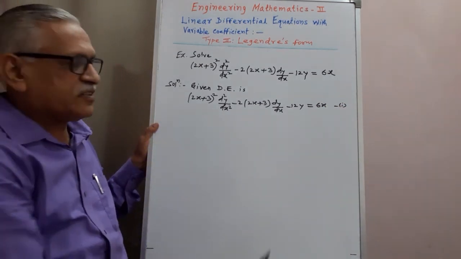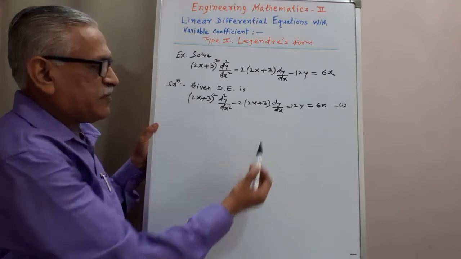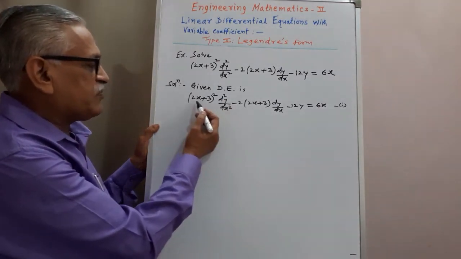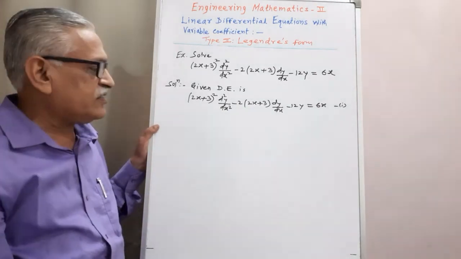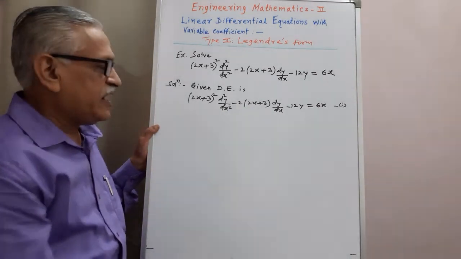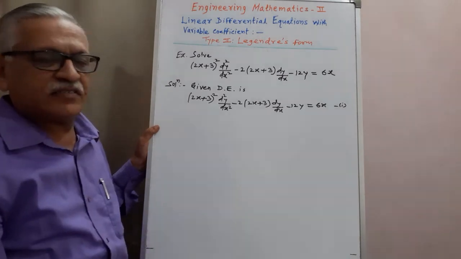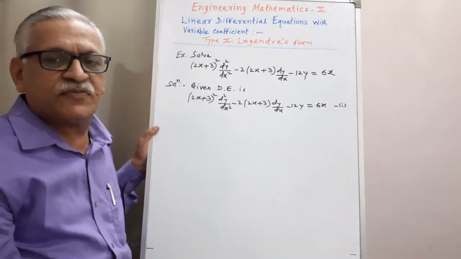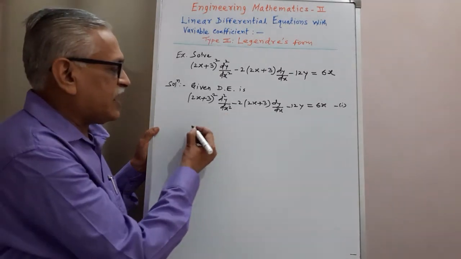Here if you observe the terms, the first order derivative is multiplied by an ax+b type of term, and the second order derivative is multiplied by an (ax+b)² type of term, and that is why these are variable coefficients. Therefore this is a linear differential equation with variable coefficients.